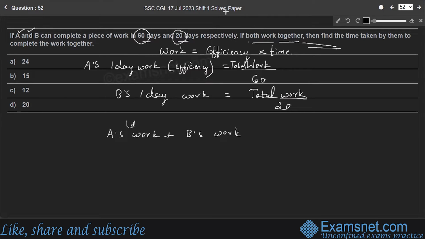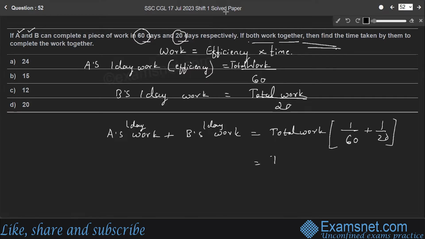Particularly, one day work we'll take. It is equal to total work, which we consider common, into 1 by 60 plus 1 by 20.